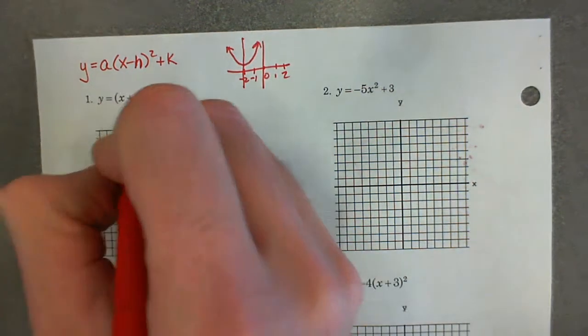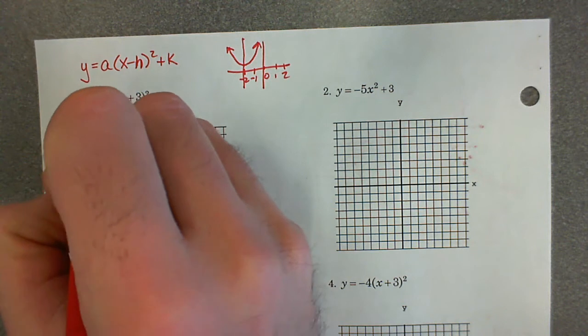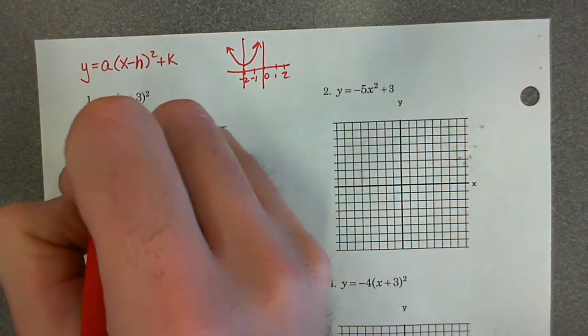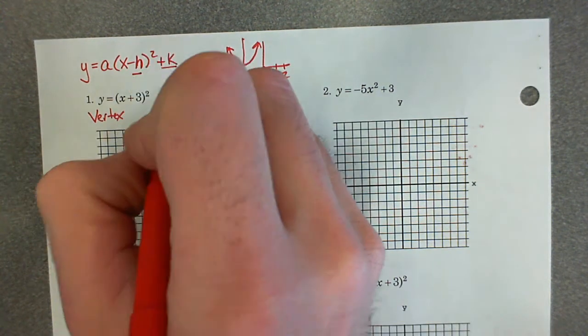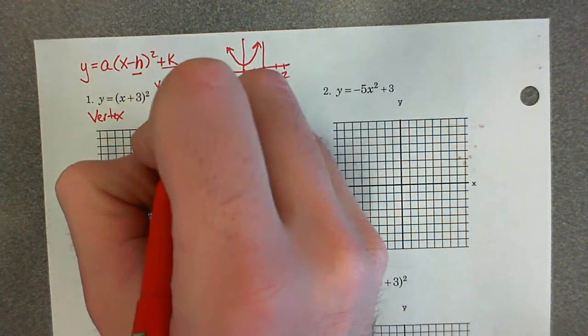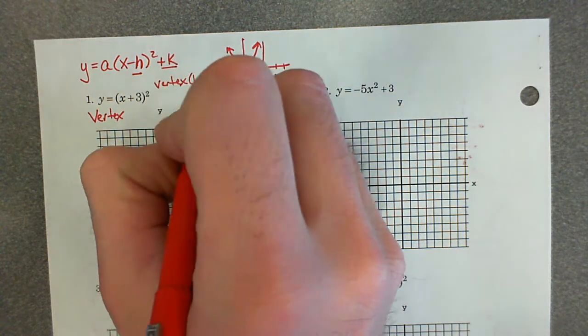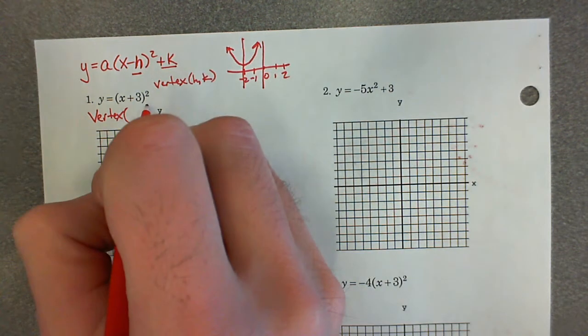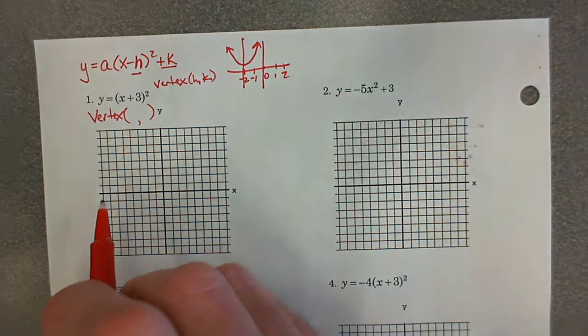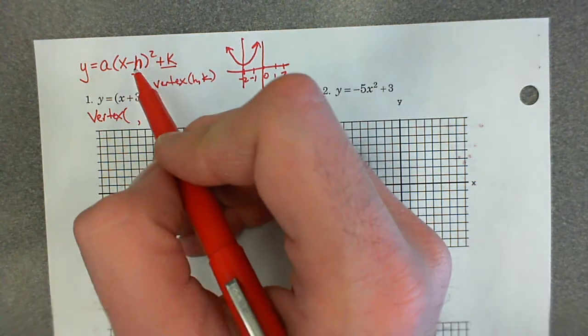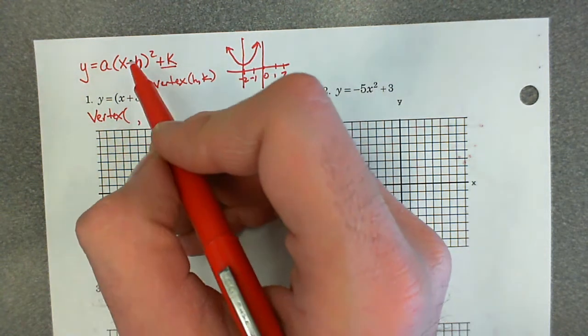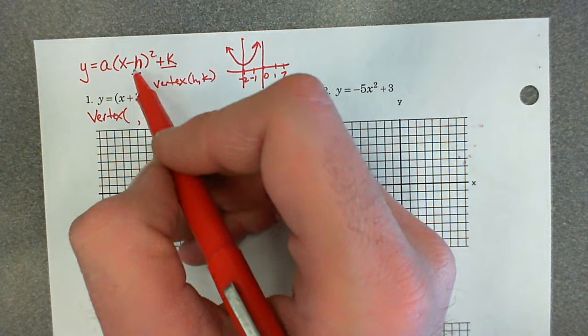So what's your vertex here? Well, your vertex, we know, was (h, k), right? The vertex was h comma k. And you might recall from the notes that h is going to be the opposite sign. The x coordinate's the opposite sign.